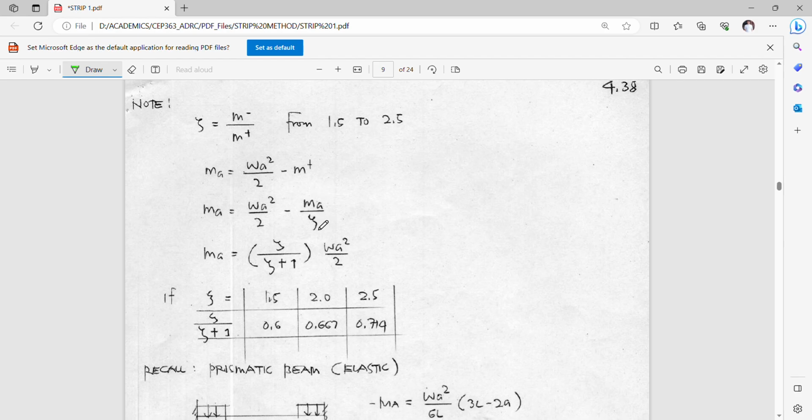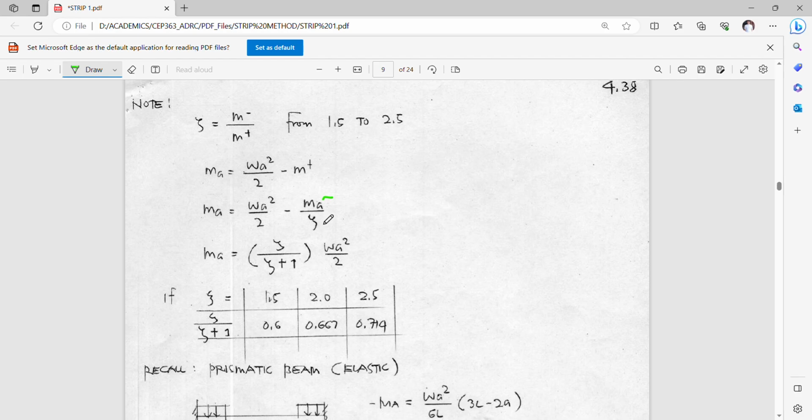Okay, so if we use this analogy, your M positive is simply MA, this is M negative, MA negative over C. Okay, and we note that this MA over C is simply equivalent to the value.